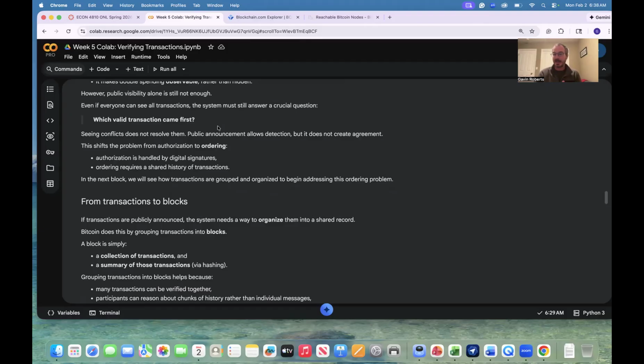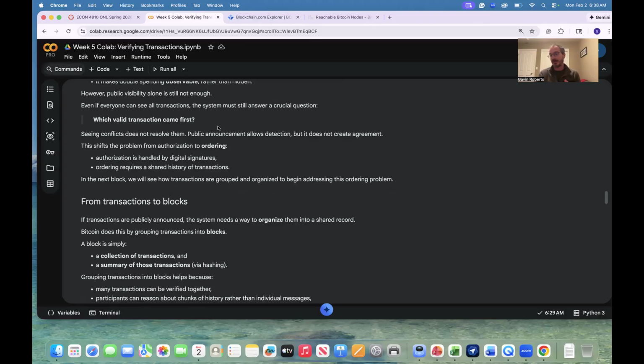Now, essentially, what happens is transactions go out to all these different nodes to be cryptographically verified like they were above. Well, because of the way that digital network works, namely the internet, it's not clear that nodes will receive transactions in the same order.